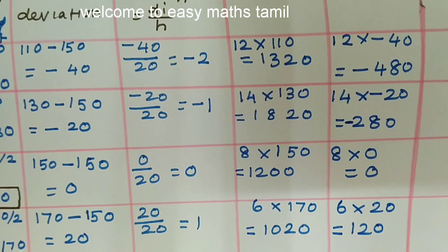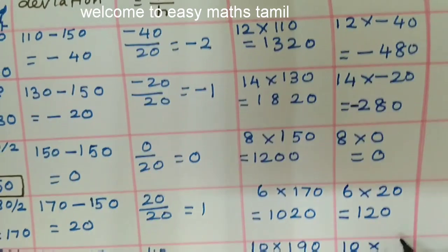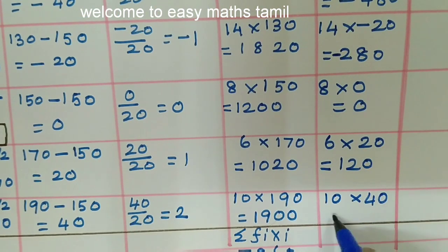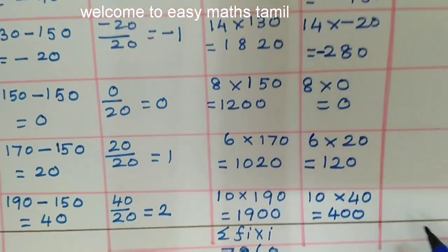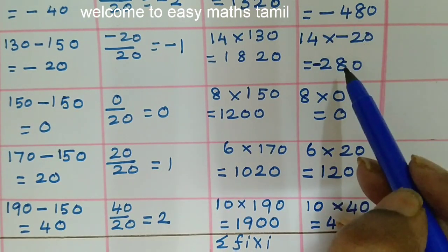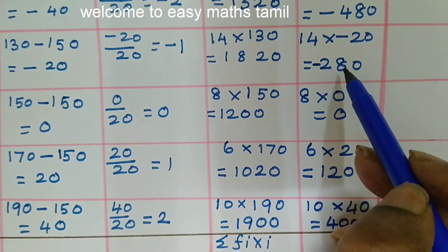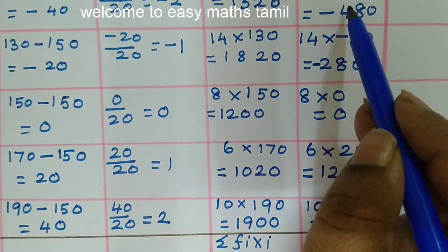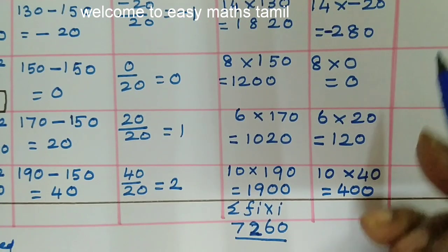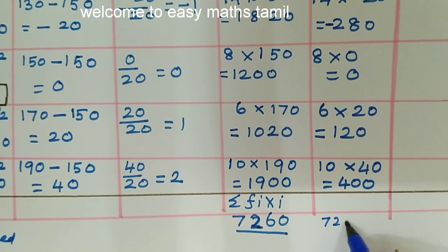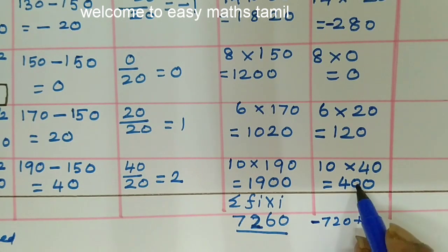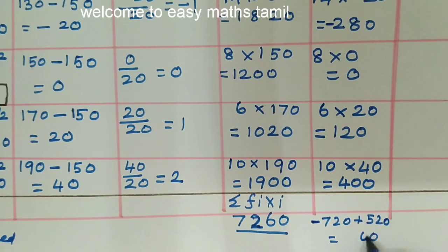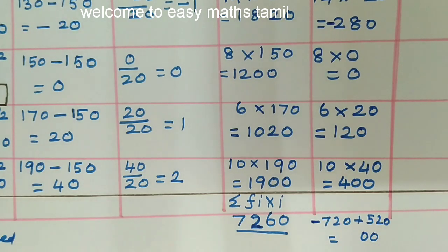Fi 10, di 40, 400. So add all the values of fi di. The minus values sum to minus 760, and add all the plus values. So minus 760 plus 520 is minus 240. So sigma fi di is minus 240.